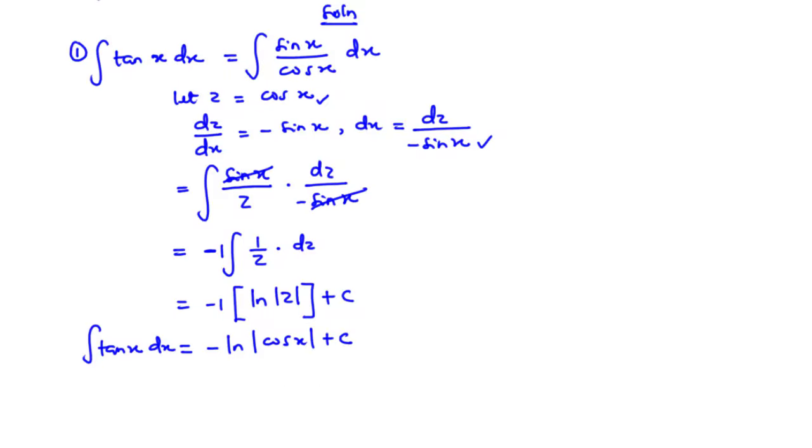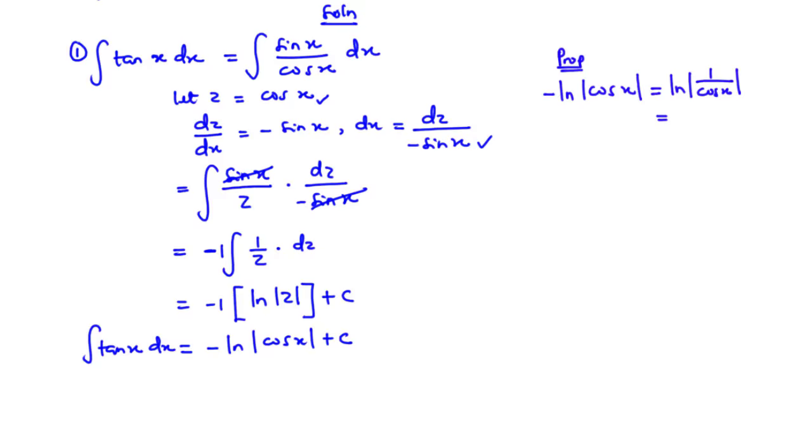Now again, from the properties of logarithm, we know that negative ln of absolute value of cos x can as well be written as ln of the absolute value of 1 over cos x. So we have the negative out, and then we are going to replace that with 1 over cos x.